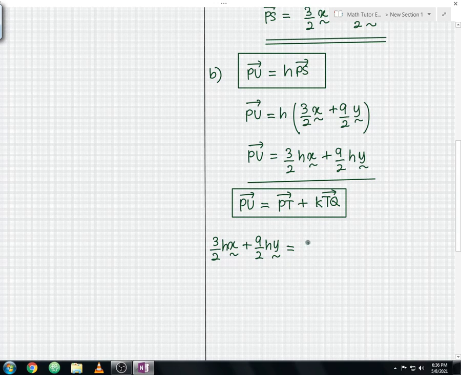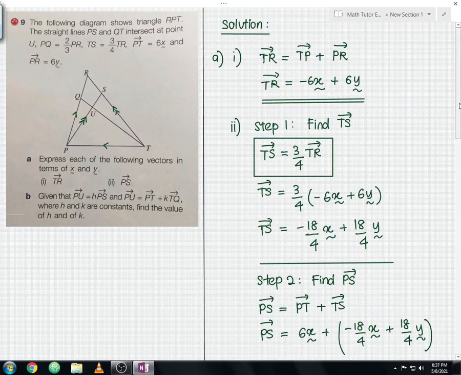Just substitute here 6x. And then plus k. So this vector TQ, if we wanted to find, we need to perform the addition of vector TP plus vector PQ.